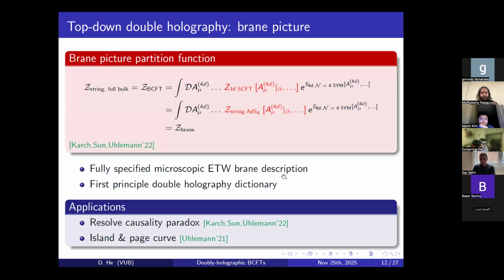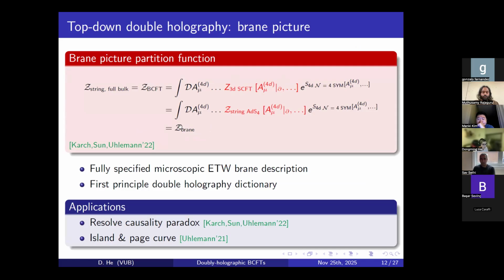And to get to the double holography, we use the holographic dictionary only for the 3D defect degrees of freedom. So we replace this SCFT by the string theory partition function or supergravity partition function on AdS4. And in the end, we obtain the partition function with a brane coupled to the ambient CFT.